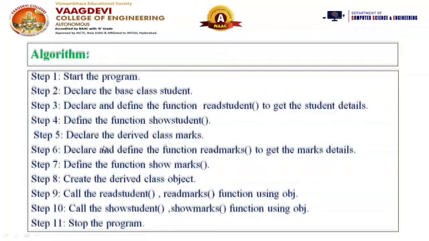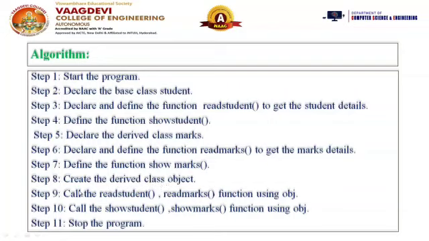In next 2 steps, we will be declaring as well as defining member functions, that is read marks function, show marks function. In step 8, we create object for a derived class.